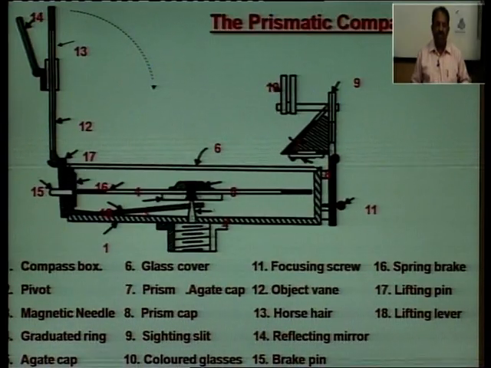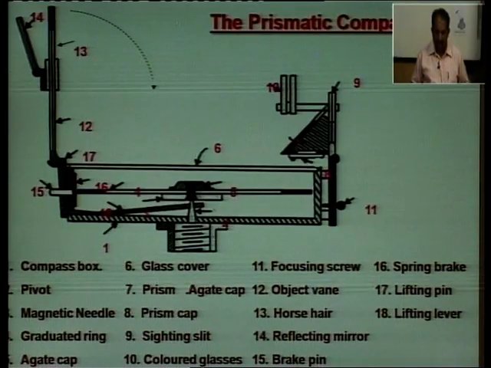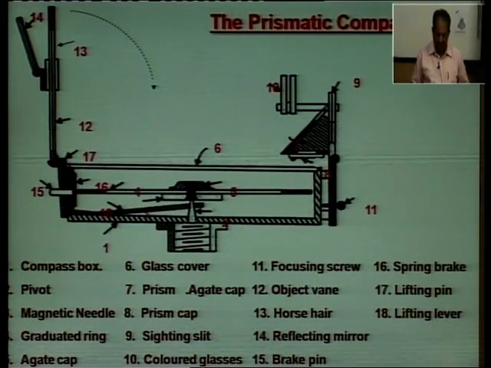About the construction of the prismatic compass, please look at the monitor screen of your computer. The prismatic compass is a very valuable instrument and is commonly used for rough surveys where speed and not accuracy is the main consideration.